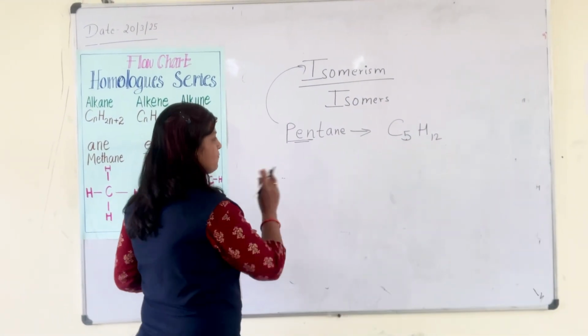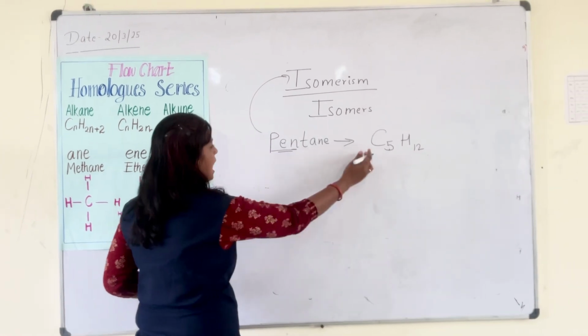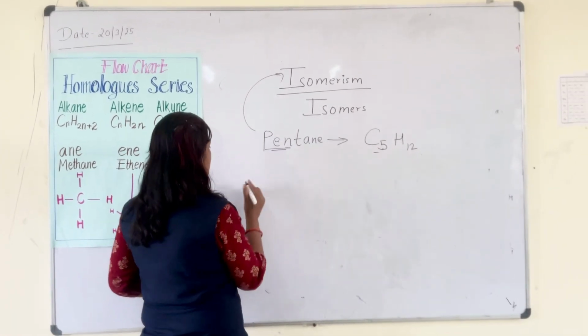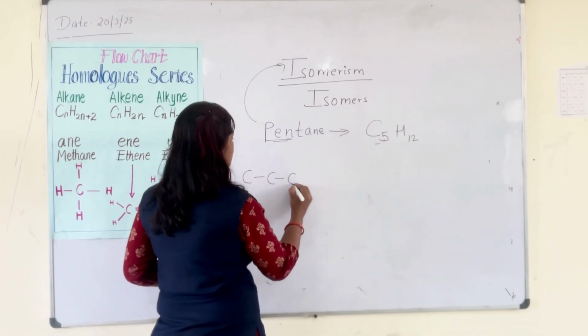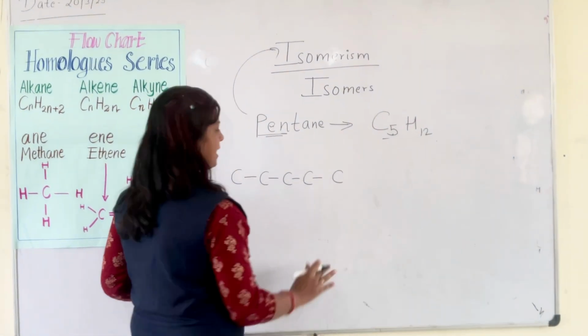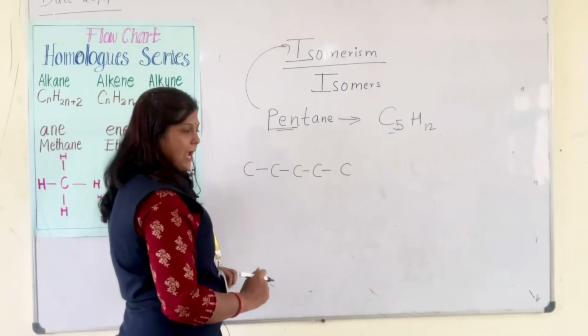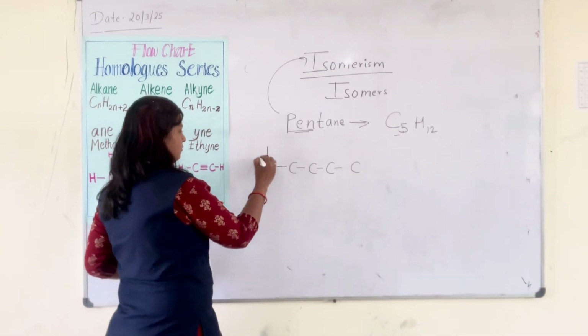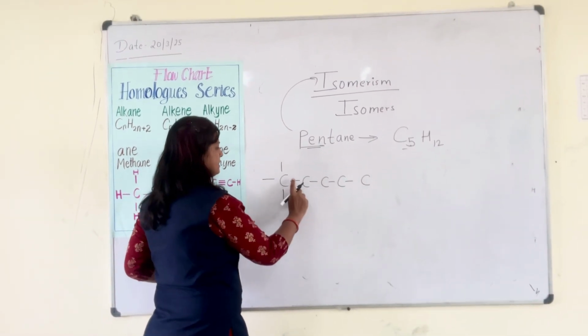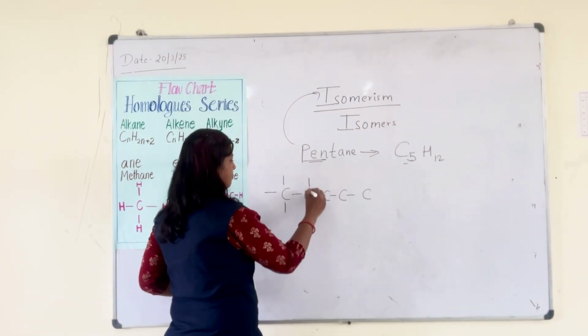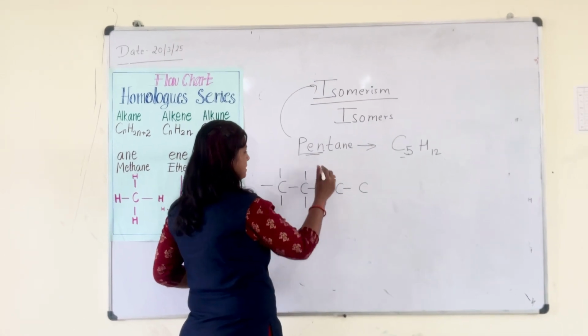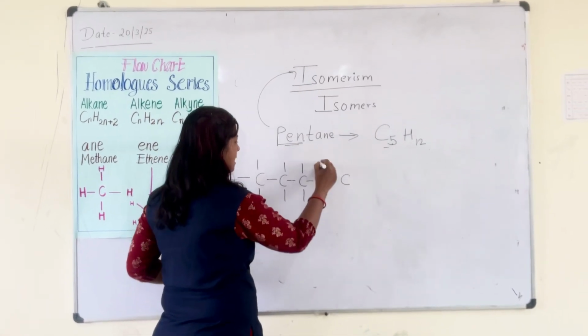How to draw the structure? First a long straight chain. How many carbons? 5. 1, 2, 3, 4, 5. Now we will satisfy with hydrogen. This carbon 1, 2, 3, 4 bonds. This carbon, 2 are already there. Then make it 2 more. For this carbon 2 is there. More 2 bonds. This carbon 2 is there.